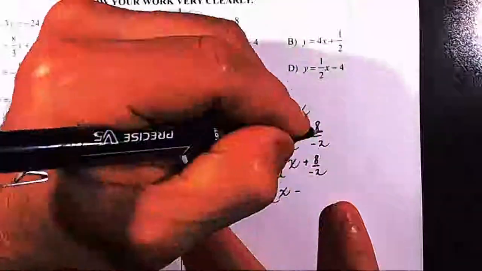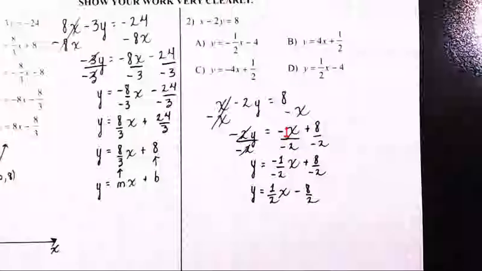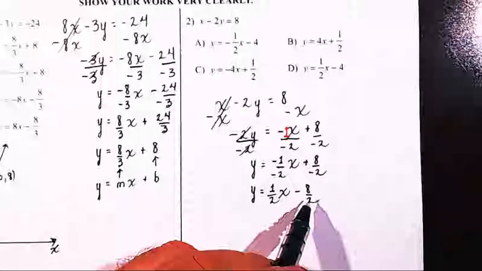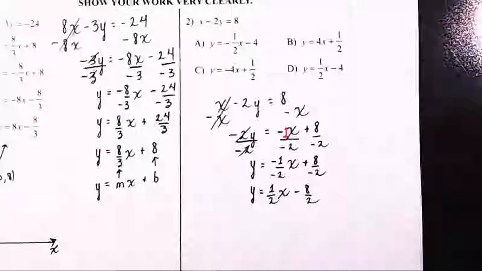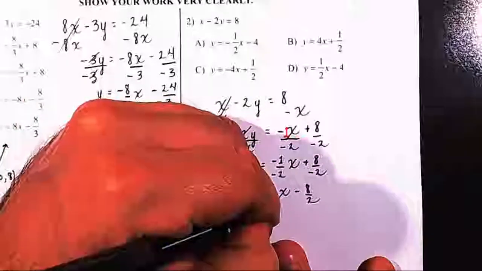So I will put minus 8 over 2. Now there's one final step, and that is to simplify this fraction right here. Because 8 divided by 2 is 4, I can write y equals 1/2 x minus 4.